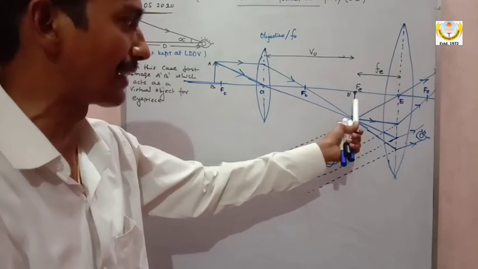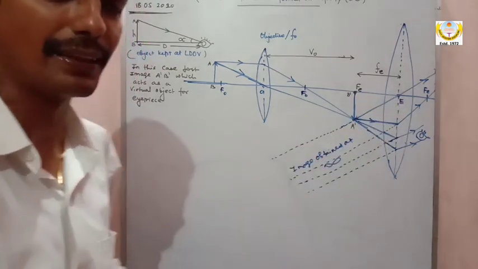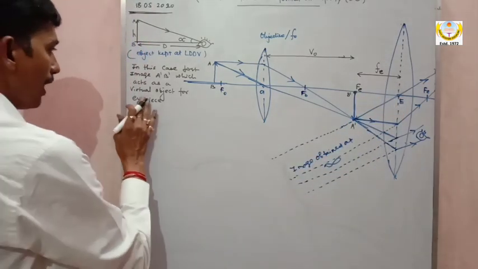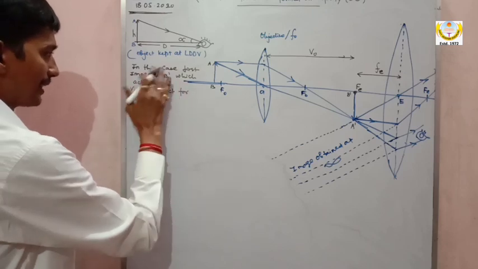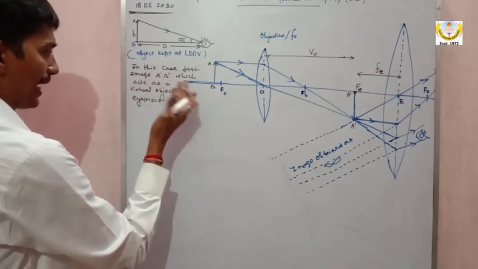Of course, this is acting as a virtual object for this eyepiece. I hope it is clear. Or I can write: in this case, the first image A dash, B dash.